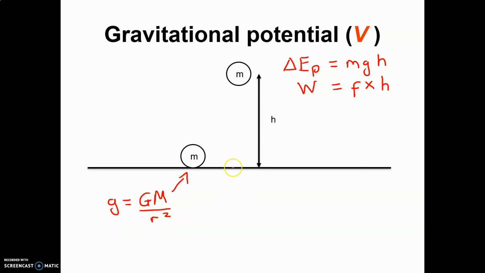Now if we use our work done equation, the work done is the force times the distance, so it's the weight of the object that we're lifting, and we're going to use the distance from the center of the planet. So we're going to use the distance r.